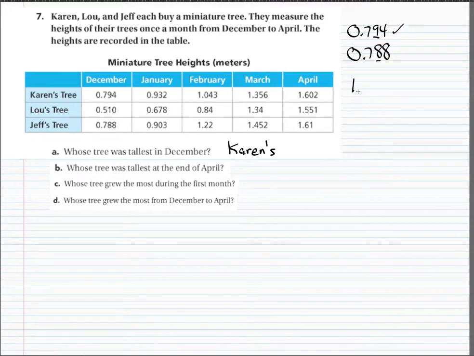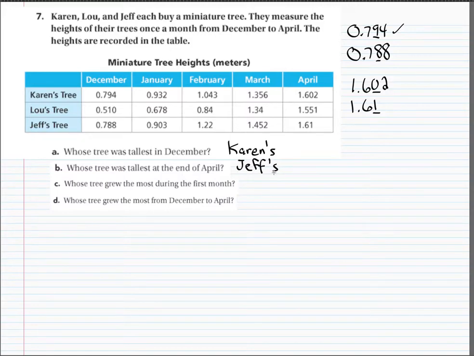For Karen's tree, I'll just write the numbers down, 1 and 602 thousandths, and Jeff's tree was 1 and 61 hundredths. If I go until I see a different number, I'm going to right here. I have a 0 and a 1. Obviously the 1 is greater than the 0, so that means Jeff's tree is the tallest at the end of April.